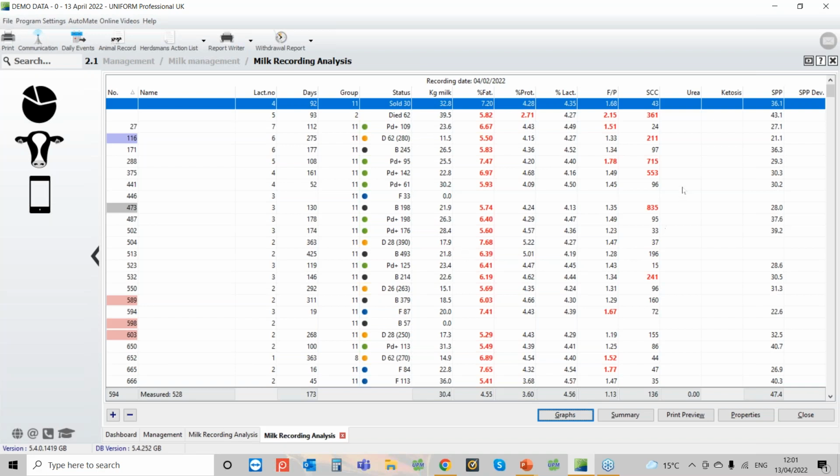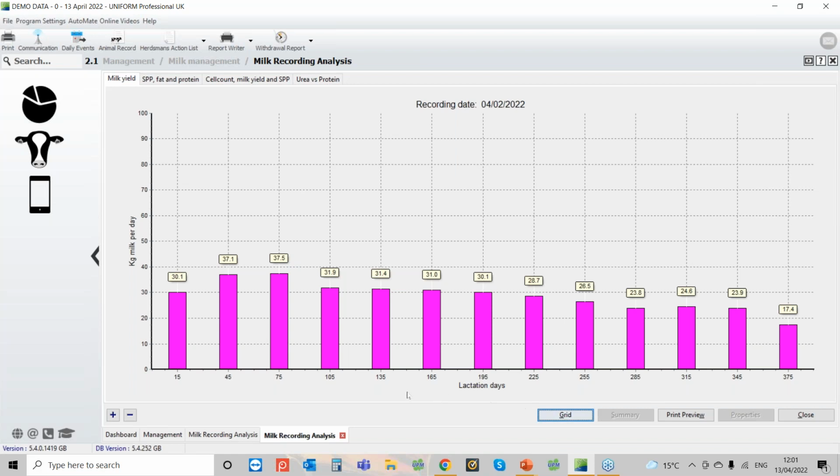So we can see obviously milk, fat, protein, somatic cell counts. We also have the SPP deviations, but that's something that we'll come to on another webinar. And I just wanted to point out the one bit. If you have a look at the graphs, there's some pretty good information on this section. So we can look at the milk yield based on days in milk.